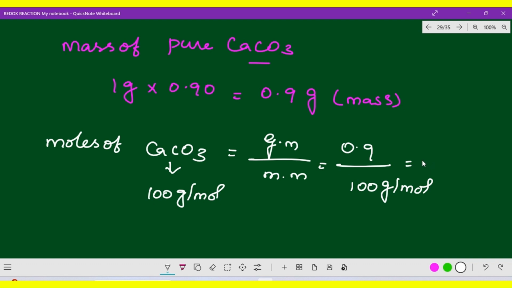Usually we ask students how much they will get in chemistry, so they will say the molecular mass of calcium carbonate is 100, purposely. Those are very well versed chemistry students. Now come to this point, 0.009 mole.